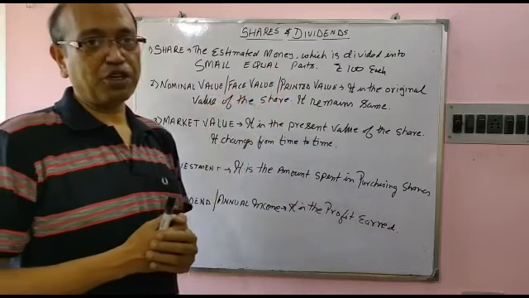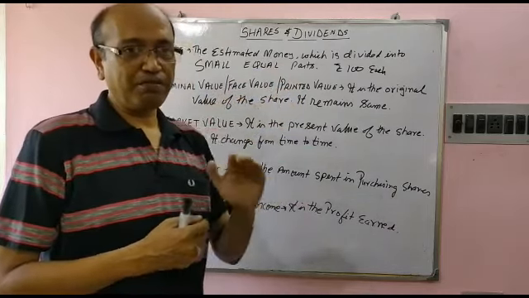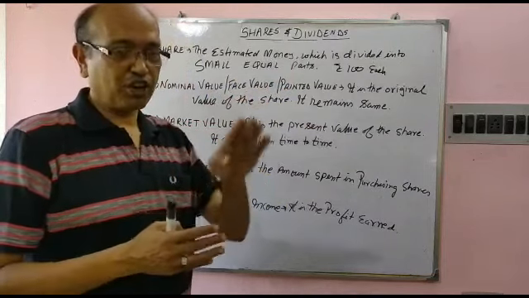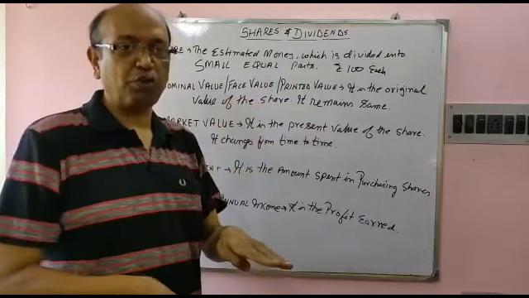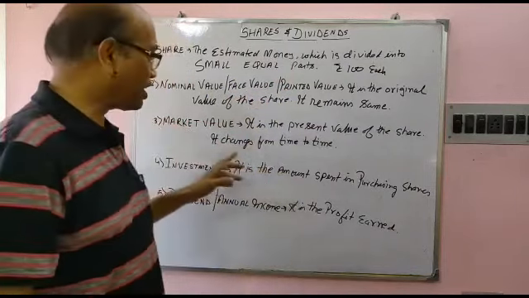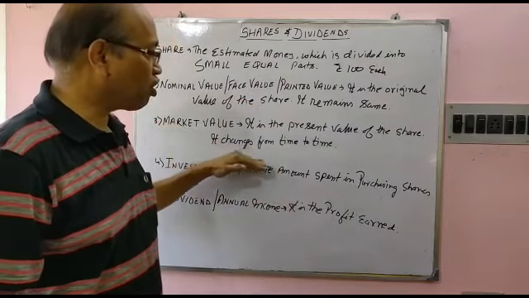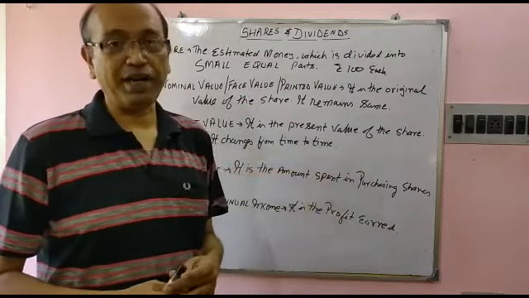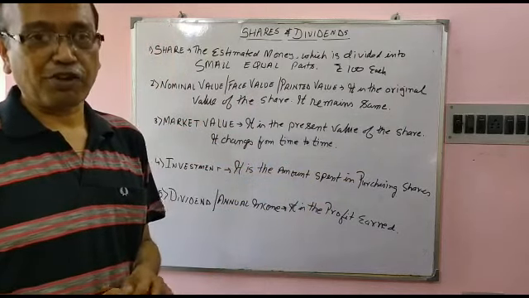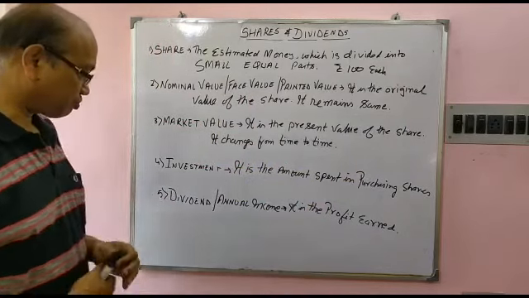If the company is not doing good, then the market value of the share goes below the nominal value. So the market value of the share always changes from time to time depending upon the performance of the company.